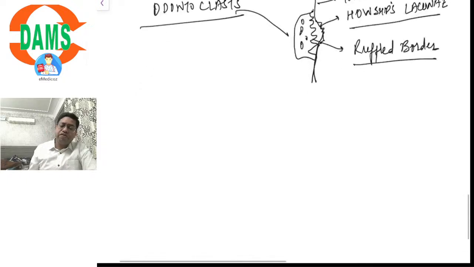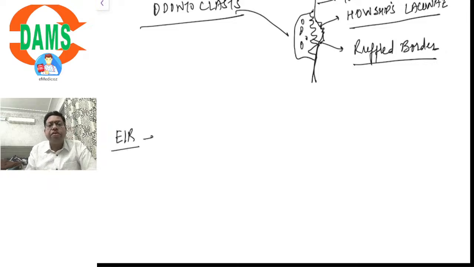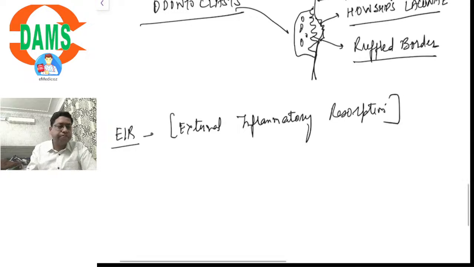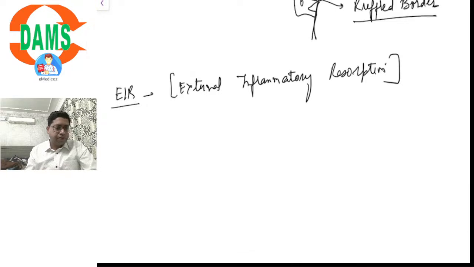Now we talk about various forms of tooth resorption. Firstly, external inflammatory resorption. Remember that EIR is a standard abbreviation for external inflammatory resorption.